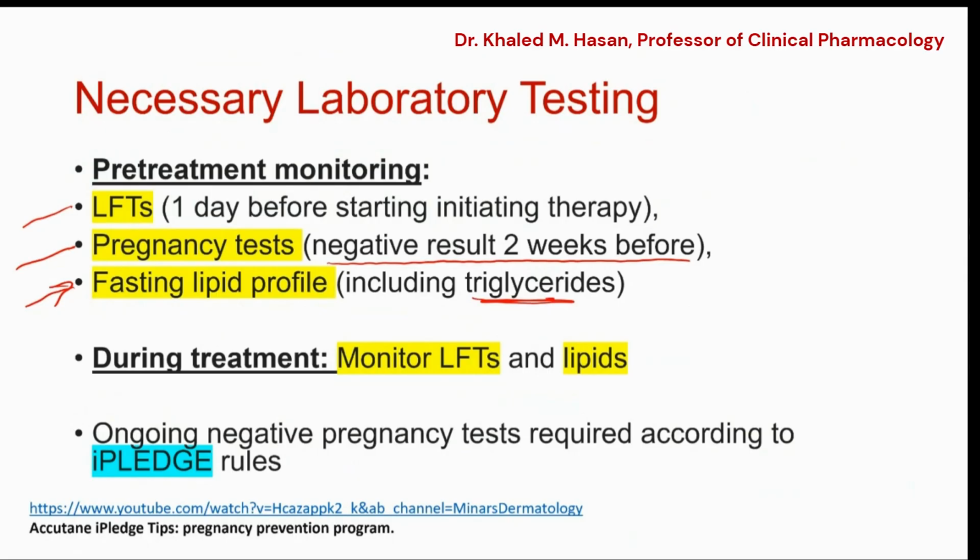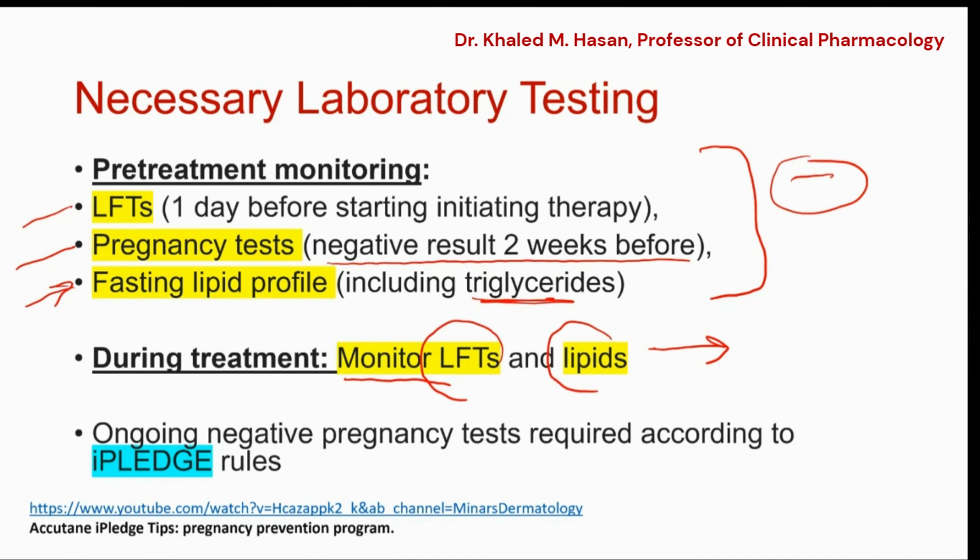So before you prescribe it and you monitor your patient, you prescribe isotretinoin, everything negative now. But when you put the patient on that treatment, you need to monitor the patient for the liver function and lipid. That's fine, 1, 2. What about the pregnancy? The pregnancy test requires something called iPLEDGE. I believe we have it somewhere.